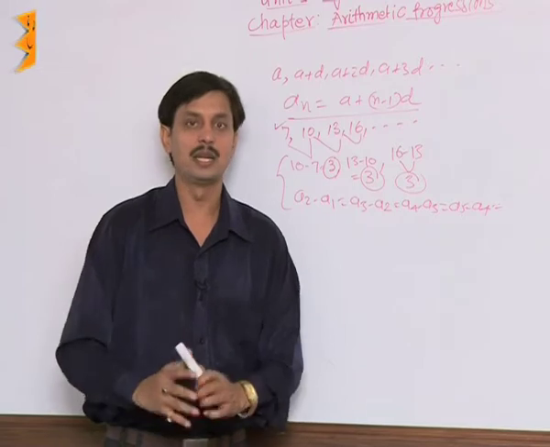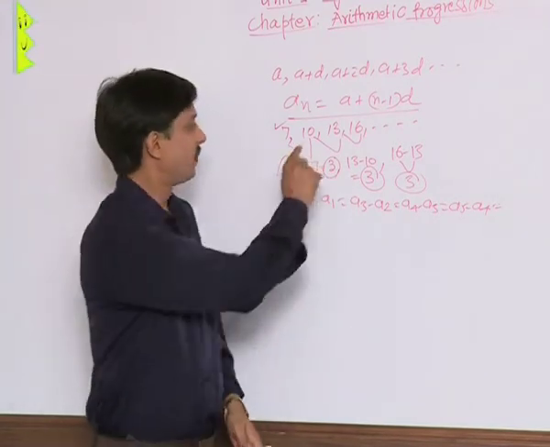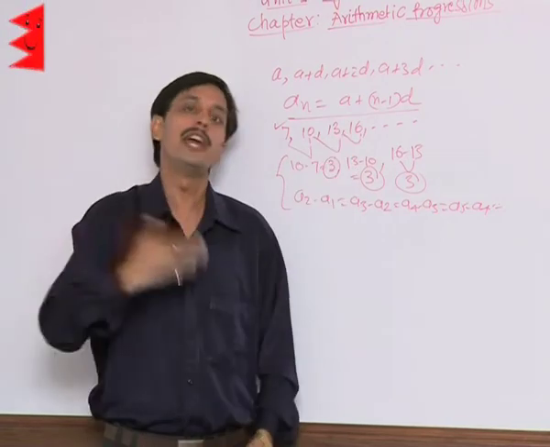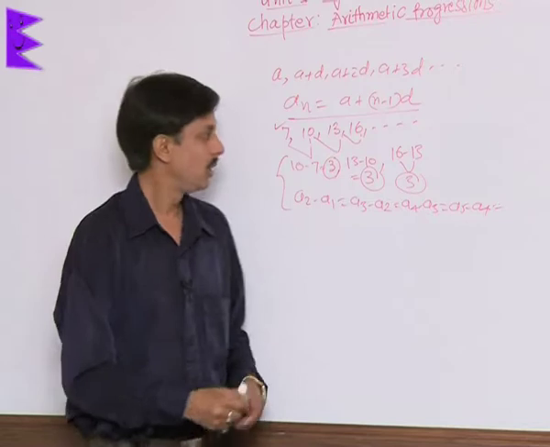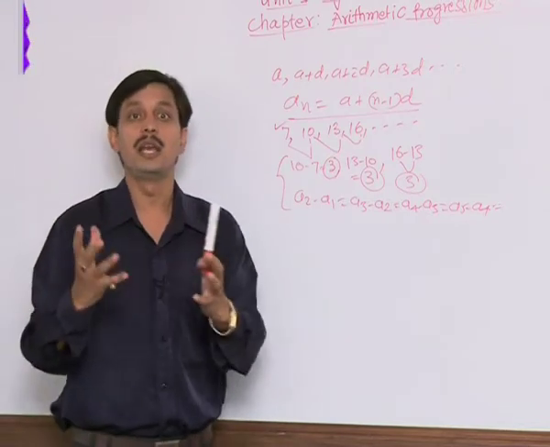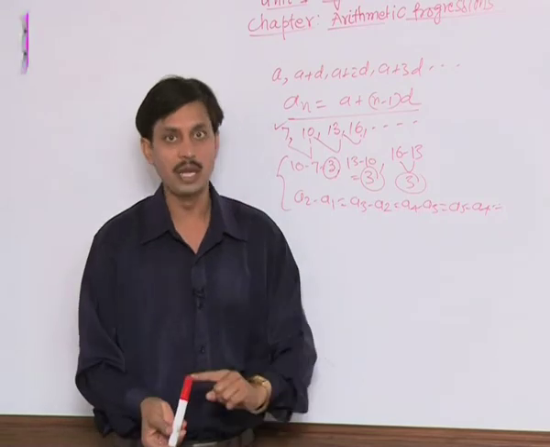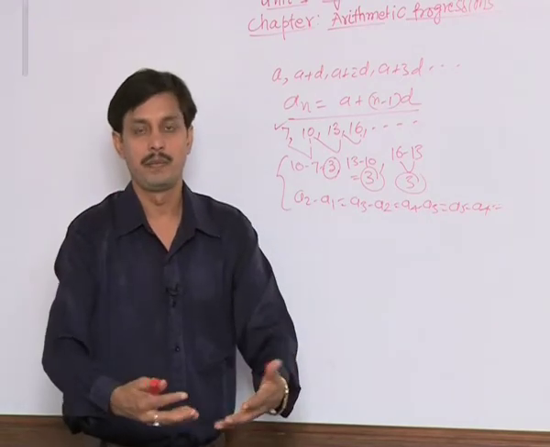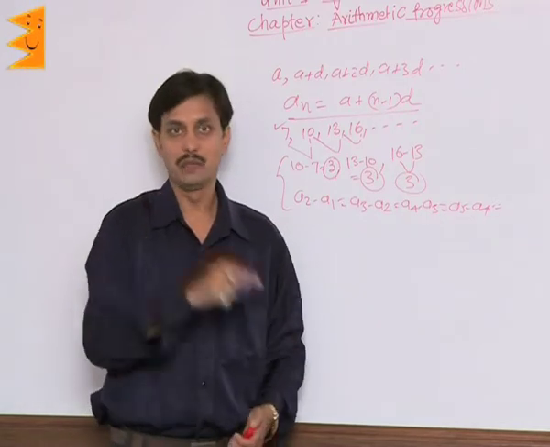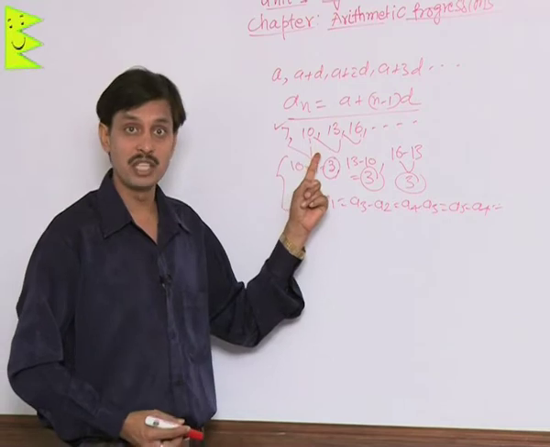The second method for verifying that 7, 10, 13, 16 or any example is an arithmetic progression is: you find its nth term, and if the nth term of any progression is coming linear in n, we say yes, this is the arithmetic progression. So we will verify with the second approach.